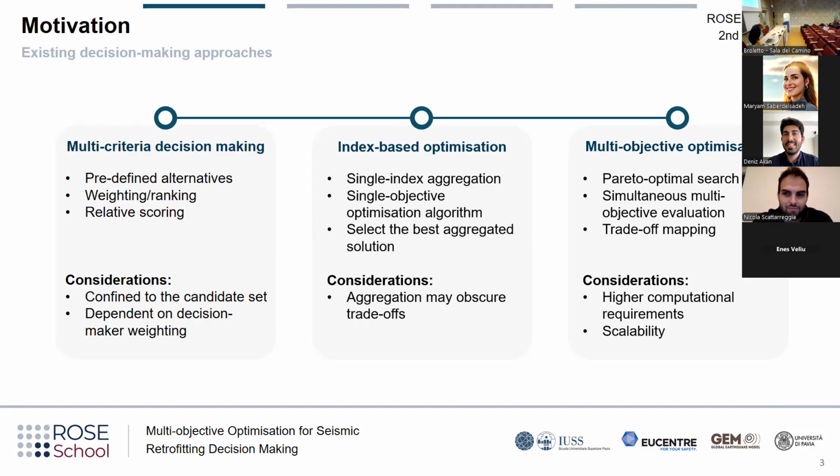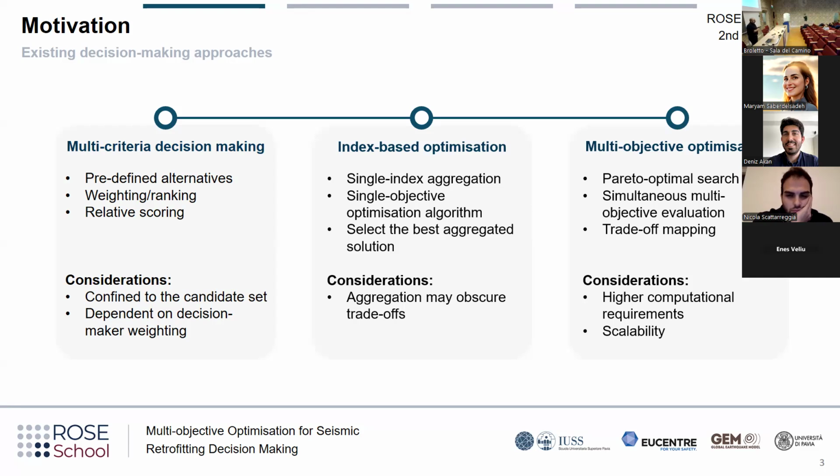So anyway, as I said, we carry out multi-objective optimization. We search for the Pareto optimal solutions and obtain the trade-off at the end, so the decision maker can do the selection by themselves.